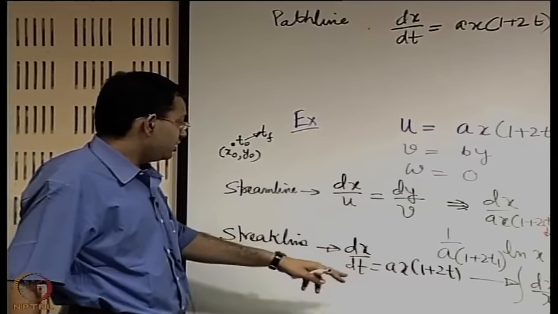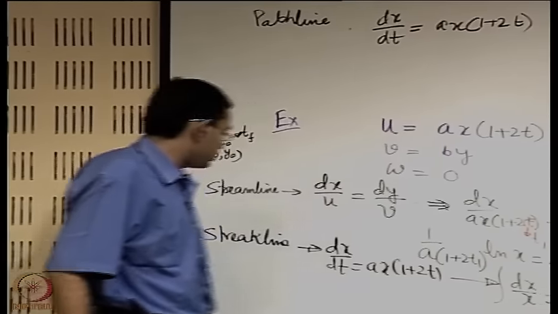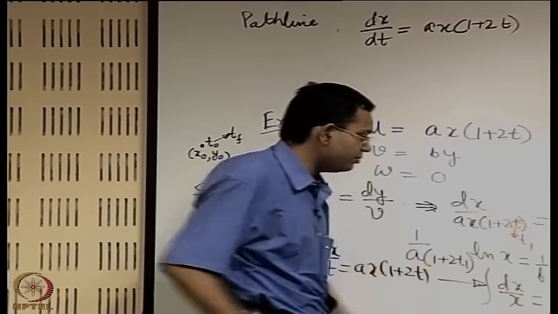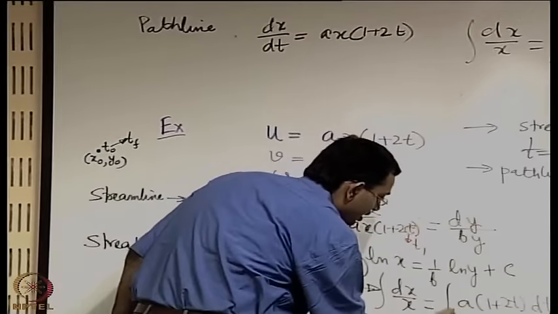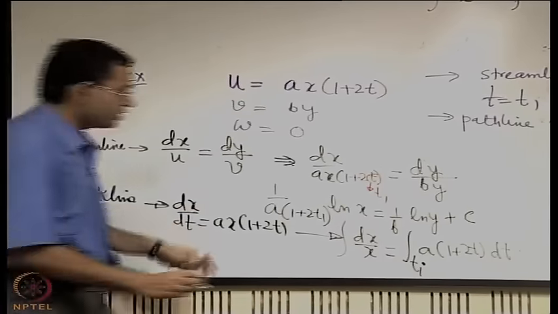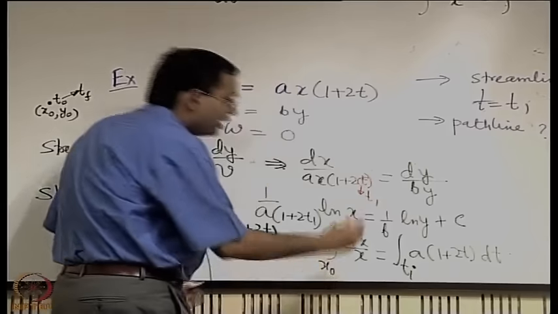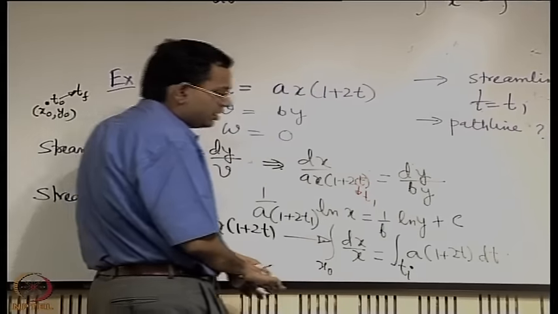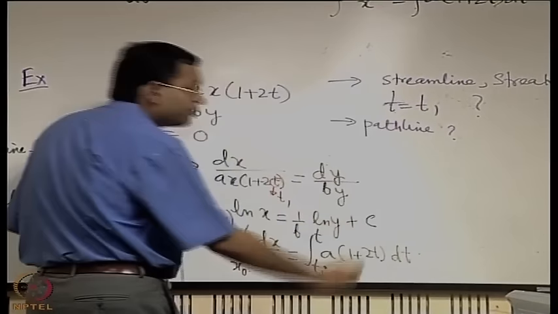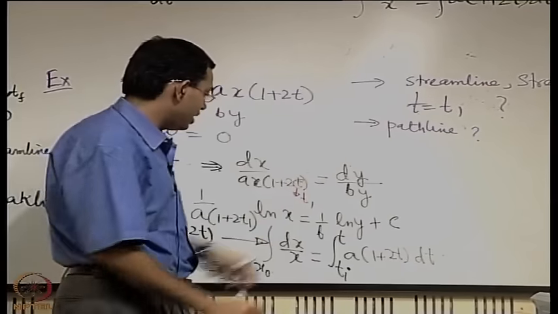So when we write the integration for the streak line, we will integrate at some time, say ti, x equal to x naught, and say at some time t equal to t1, x is equal to x.